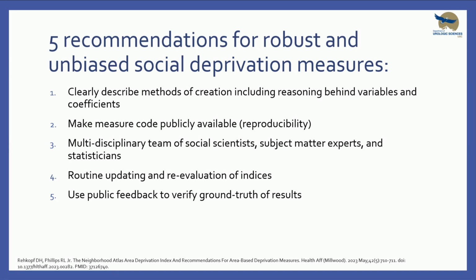These measures should be made with a multidisciplinary team of social scientists, subject matter experts, and statisticians. And these should not be static. There should be a routine updating and reevaluation of the indices as neighborhoods change and as risk factors change. And finally, in terms of validity, there should be an opportunity to use public feedback to verify the ground truth of the results of your measure.